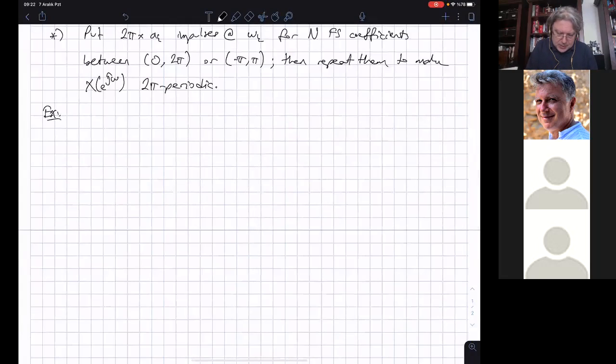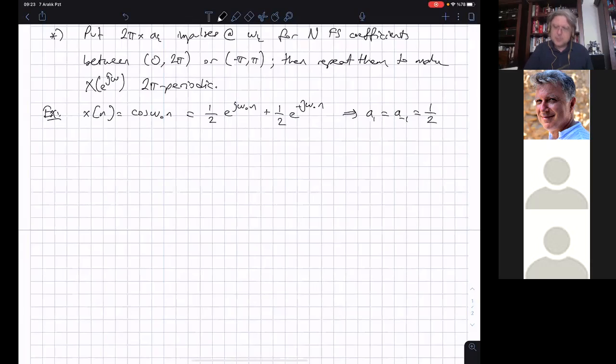The first example is a sinusoid, which is almost in the form of complex exponentials, as we know, because it's easy to expand these into Euler's expansion. Using that expansion, this is equal to 1 over 2 e to the j omega 0 n plus 1 over 2 e to the minus j omega 0 n, which means a1 is equal to a minus 1 is equal to 1 over 2.